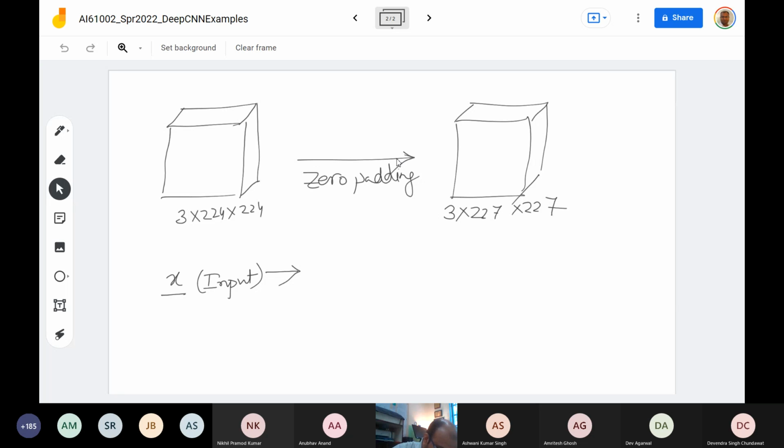In the base implementation, they had 48 convolution kernels, each of 11 cross 11, zero padding and stride of 4. And they had a bank of similar 48 kernels, each of 11 cross 11, zero padding and a stride of 4. Now they would take these two, concatenate them, and get an output over here.